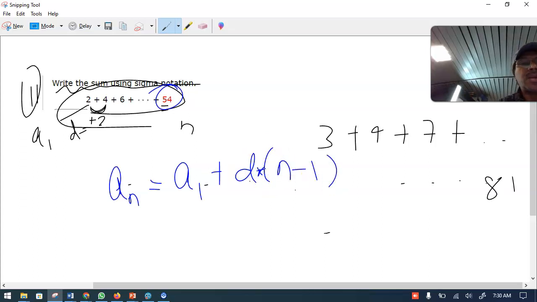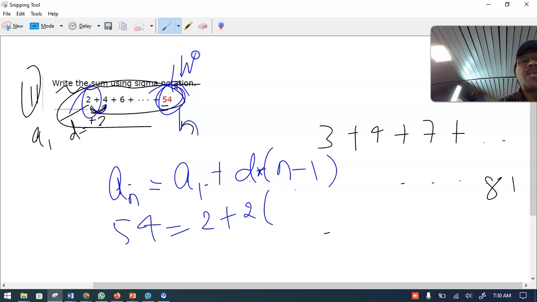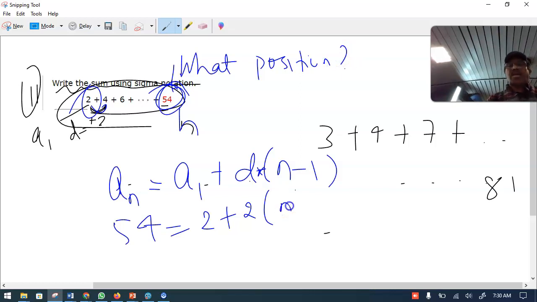So that means that this is 54 and the first term is 2. The difference is also 2. And now we have to figure out what is that n. At what position is this? So to know what position, we'll put n here and then solve for n.